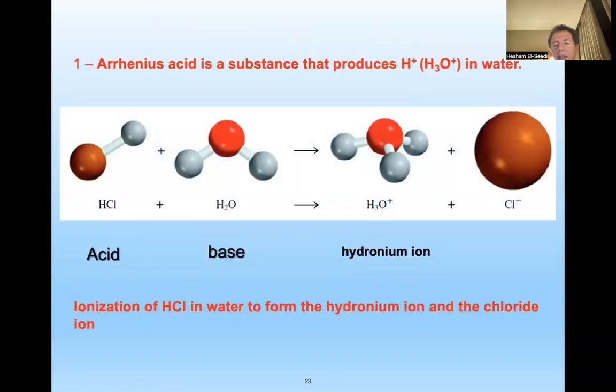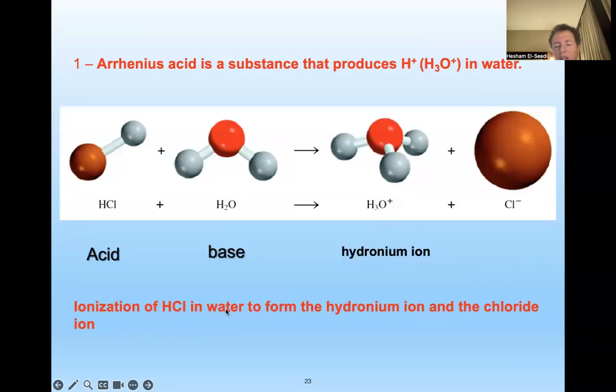If you take this Arrhenius equation, and take an acid like HCl and react it with water, what will happen? The water will take the proton because the acid is a proton donor. Then it will be H3O, and as I explained, it will be positive. This is the hydronium ion plus chloride negative.